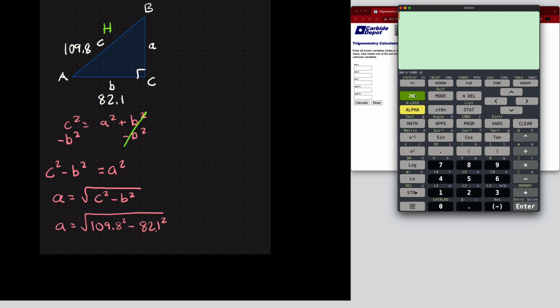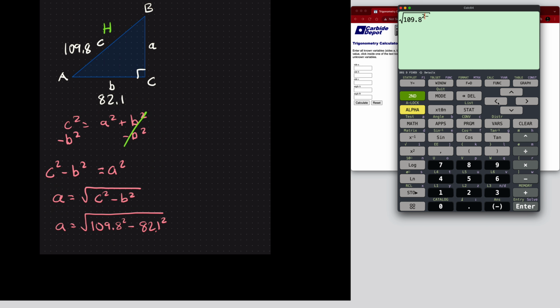I'm hitting second and squared, which brings up the square root symbol, and now it's asking me to input something, and I would type 109.8 and hit squared. Don't forget, on many calculators, you have to be careful that the cursor isn't up top, because then you end up going minus up in the exponent. So we don't want to be in the exponent.